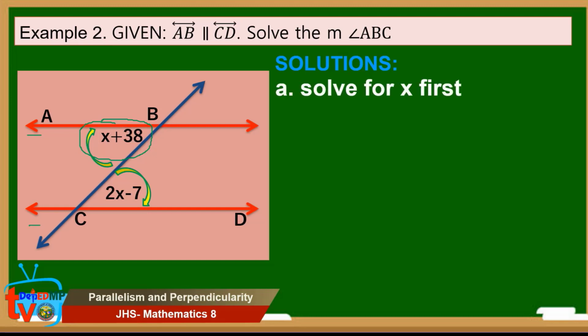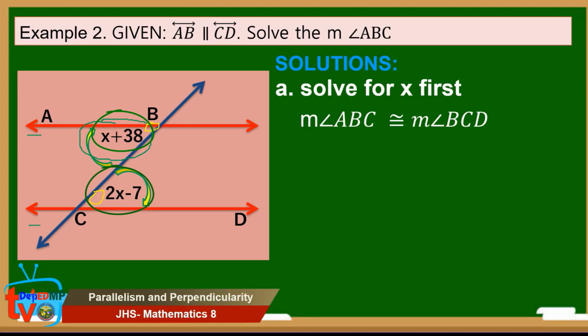Looking at the figure, angle ABC and angle BCD are alternate interior angles. Therefore, we can say that they are congruent. So we equate the two angles.